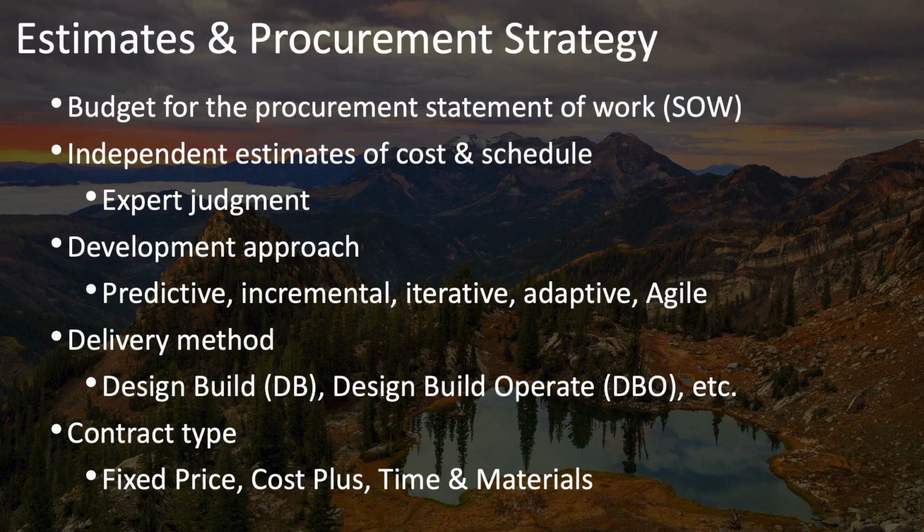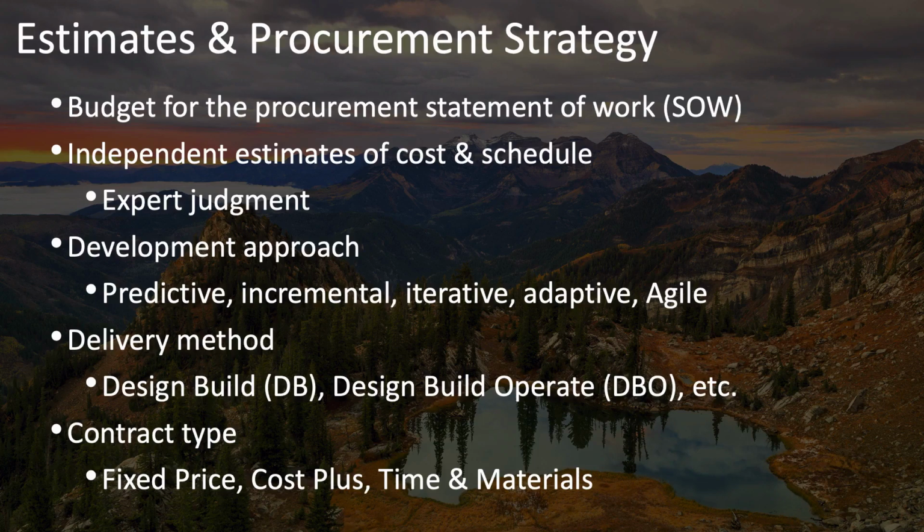Then consider the delivery method, whether this is more of a design-build sort of approach, or whether you would like to find someone who can do something more like a design-build-operate. And there are many different delivery methods to consider, and you should consult with your procurement department and experts to explore these different options.